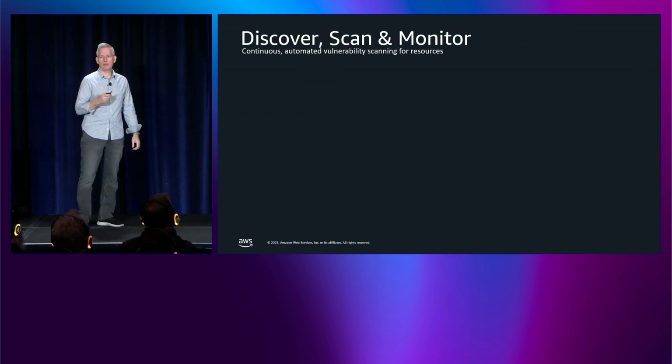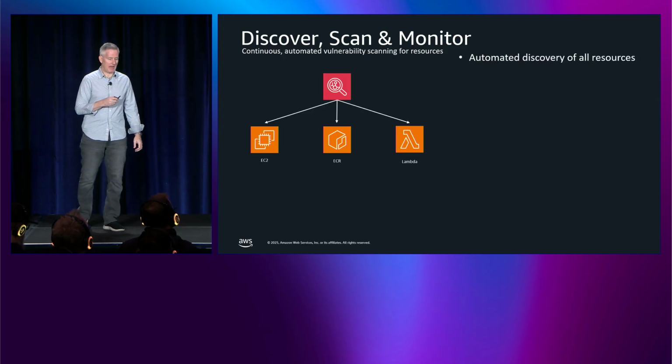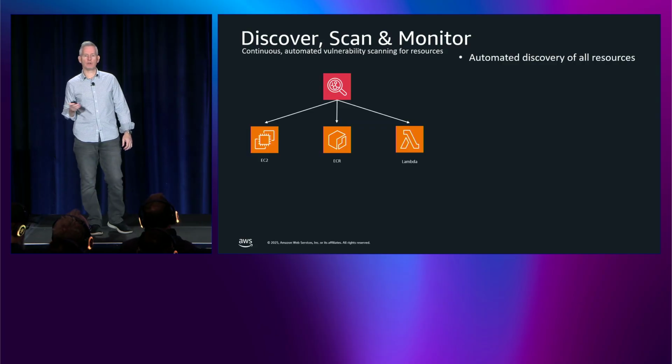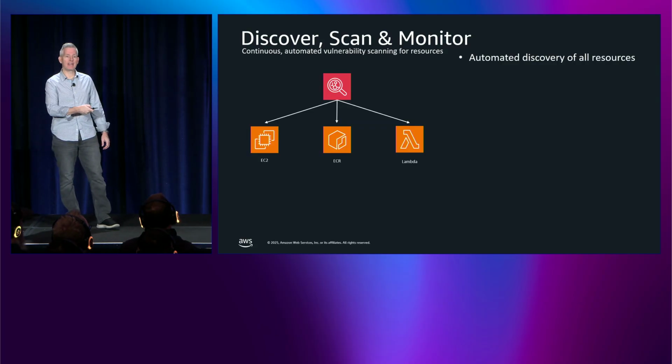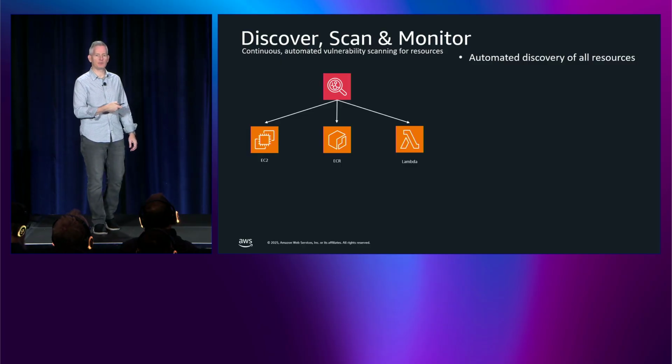Phase 2 is the discover, scan, and monitor phase. And this is where Amazon Inspector, when you turn it on, it sees all of your resources. So if you ever want to know what are your accounts running, what are the resources, what do they look like, Amazon Inspector knows.